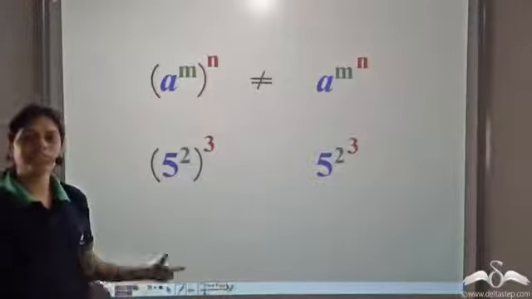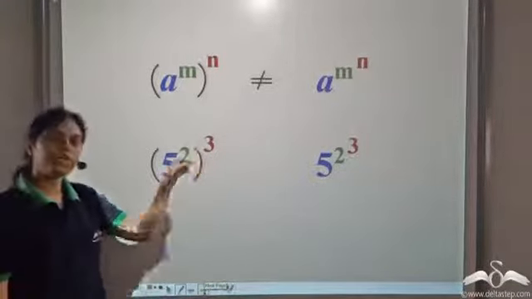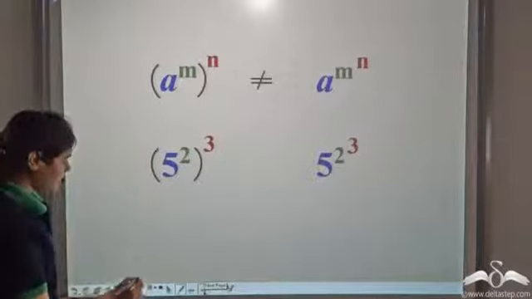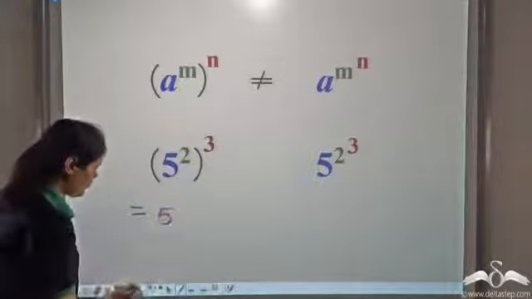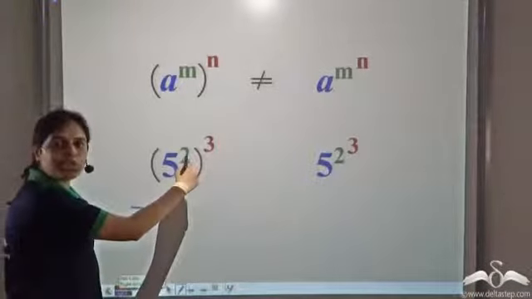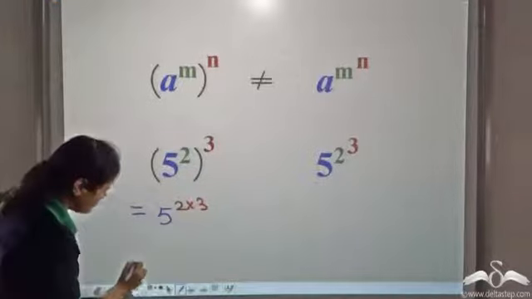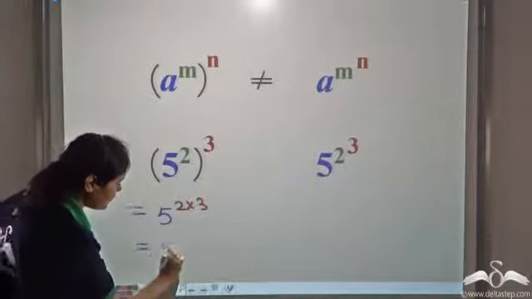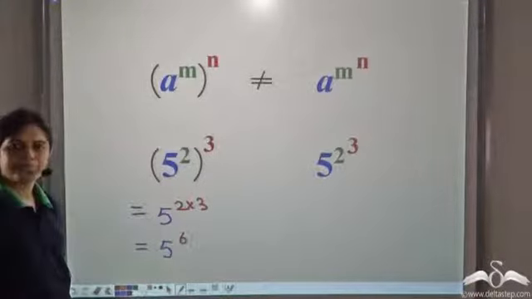Now let us see this with an example. This is (5 to the power 2) whole raised to the power 3. This gives us 5 to the power 2 into 3. We multiply the powers, which is equal to 5 to the power 2 into 3 is 6.